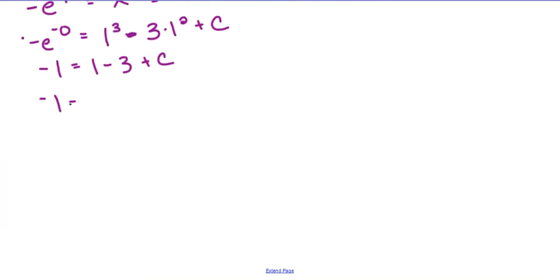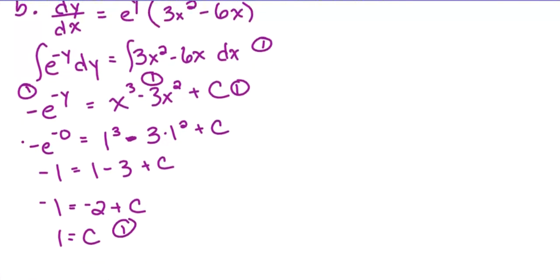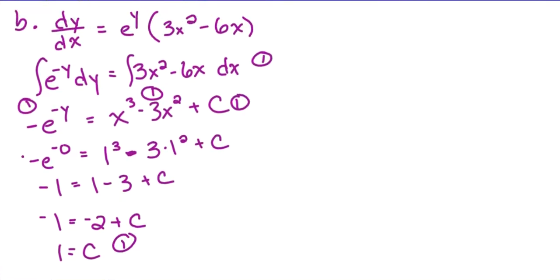So we've got negative 1 is equal to negative 2 plus c. Add the 2. So we get 1 is our c value. So we get 1 point for using the initial condition. I would assume that it's not just using it, it's actually finding the correct c value, would be my assumption. Again, I've never been a reader, but that's the way I understand it.